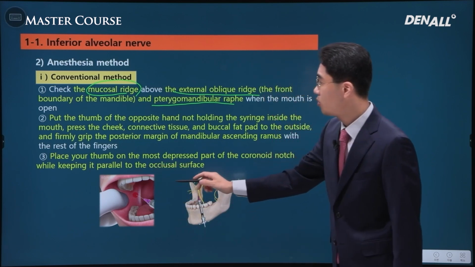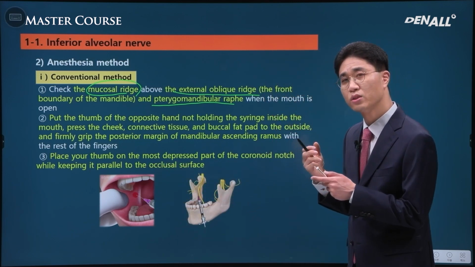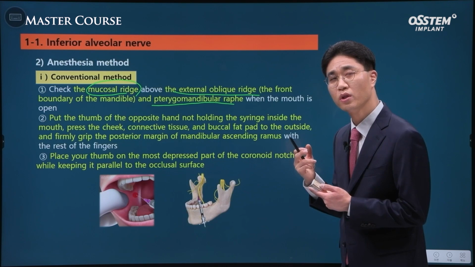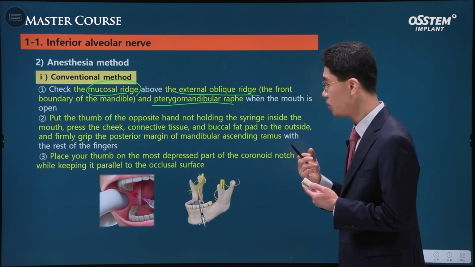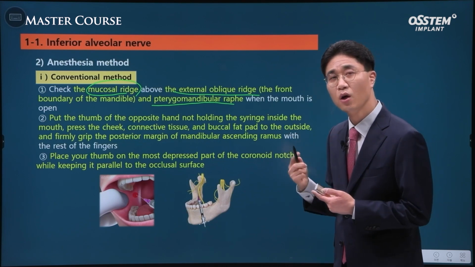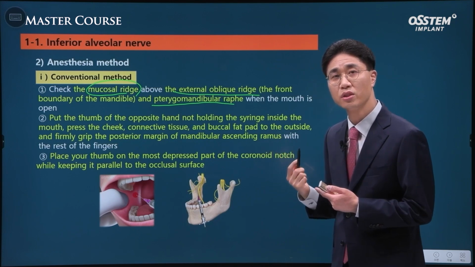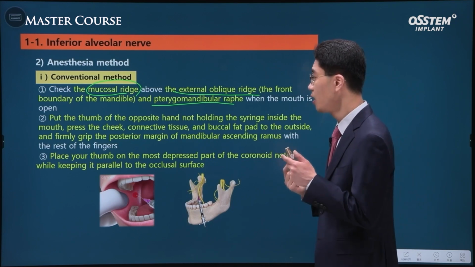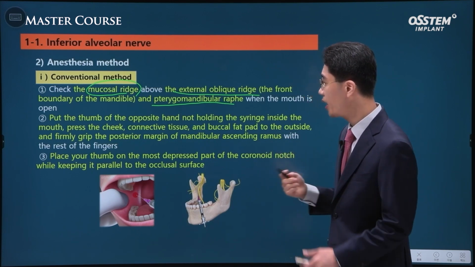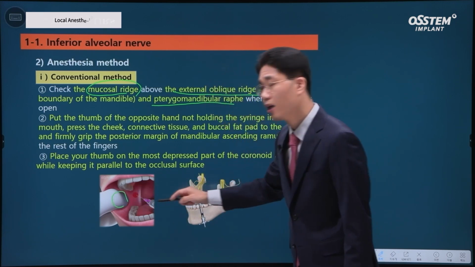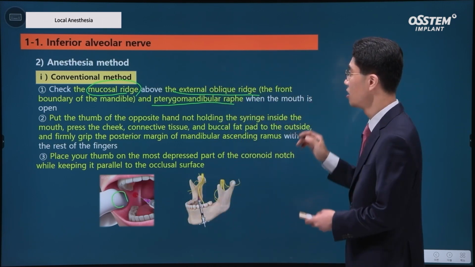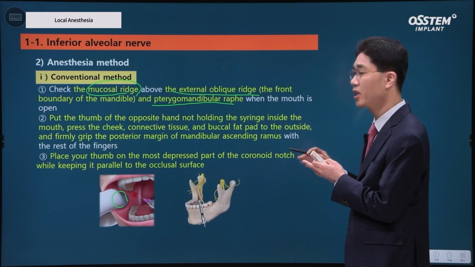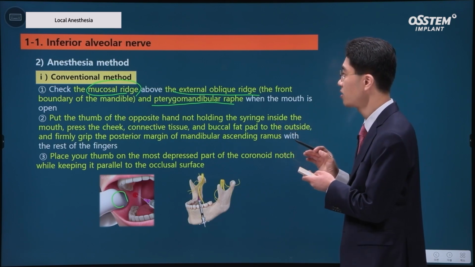If you take a look at this image, put the thumb of the opposite hand, not holding the syringe, inside the mouth and press the cheek. Tell the patient to say ah, and the thumb of your left hand will be positioned as shown.